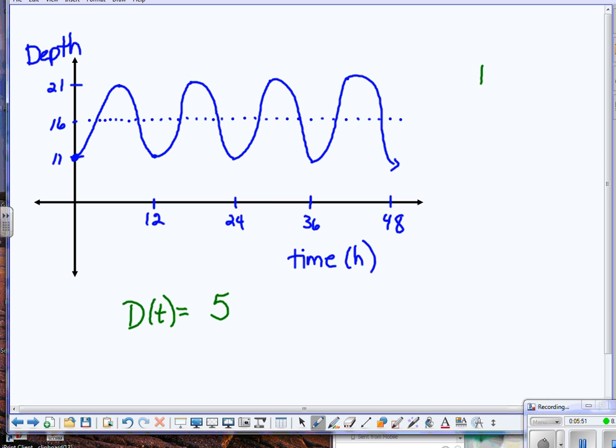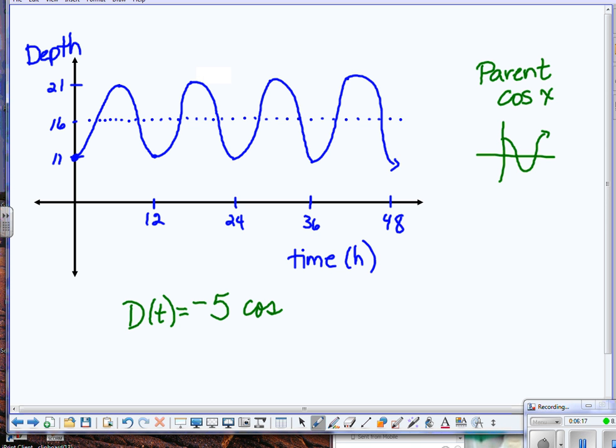Just remember our parent function for cos is high, low, and so on. This one is the exact opposite. So I think the easiest way to do this is an upside down cos function.